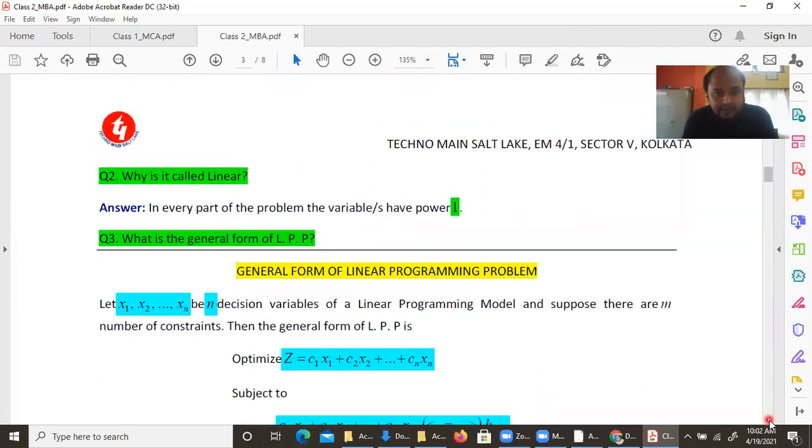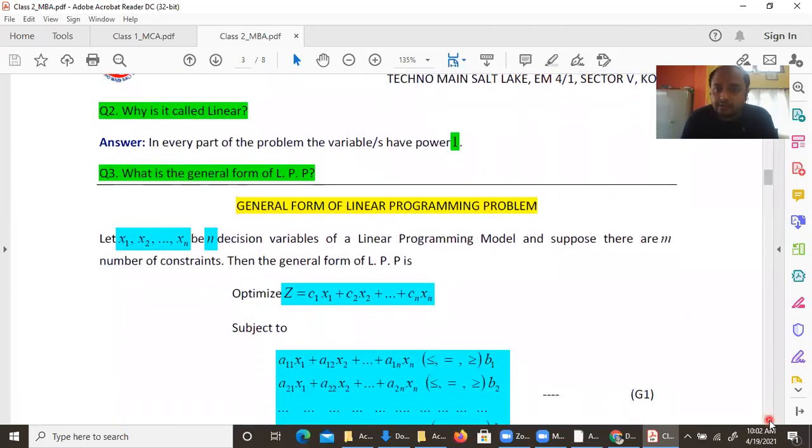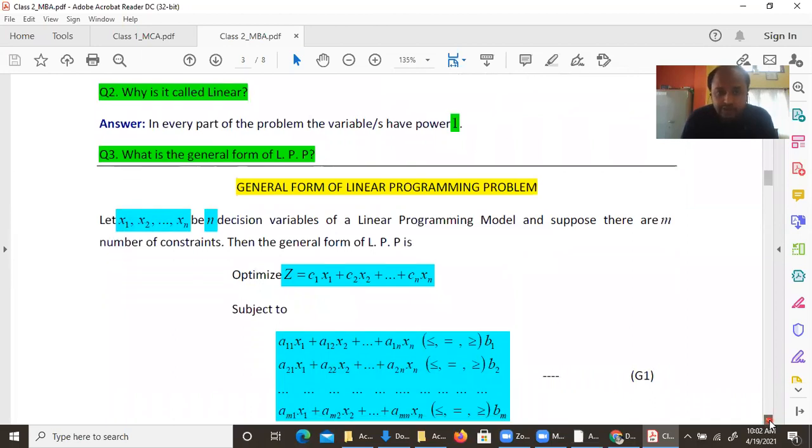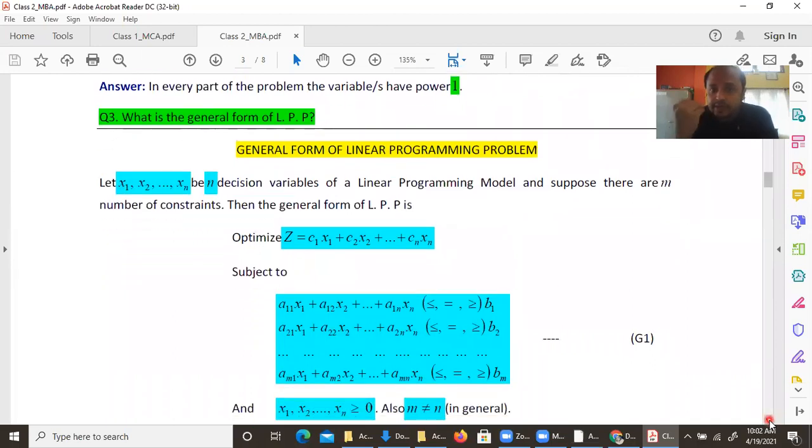The second thing I would like to mention is that you can consider this linear programming problem in general. Once you see these are the different parts, can I write the formulation of a linear programming problem in a general sense or not? So instead of considering 2 variables, you can consider n variables, which I have considered over here: x1, x2, xn.